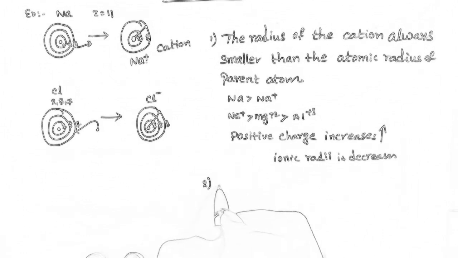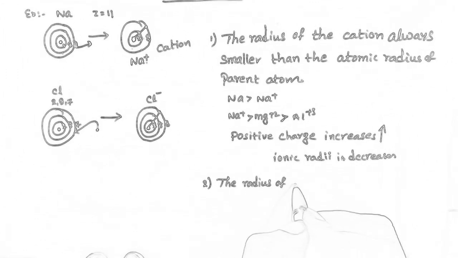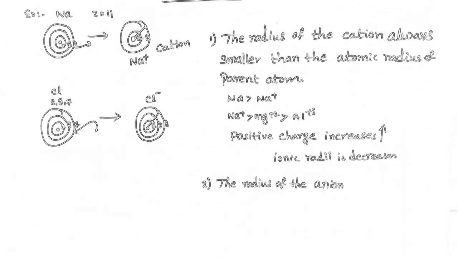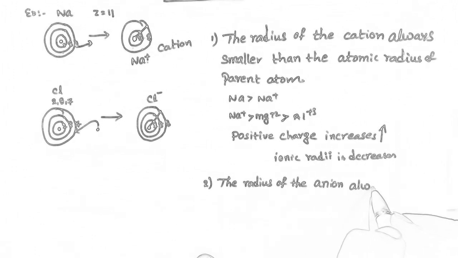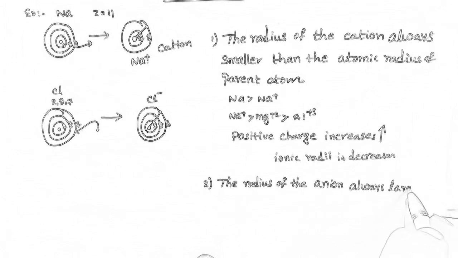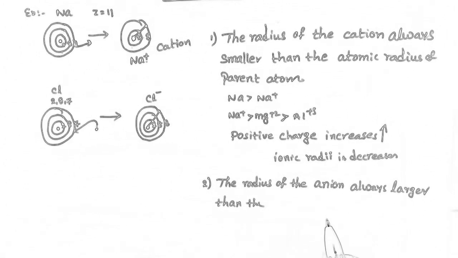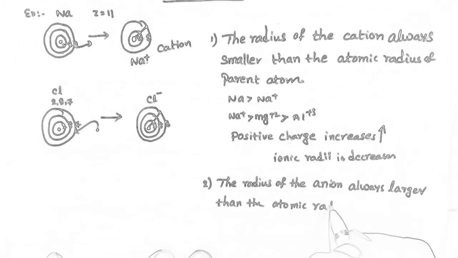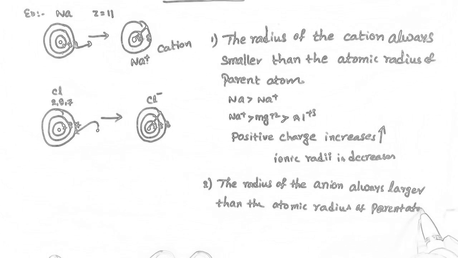The radius of the anion is always larger than the atomic radius of the parent atom.